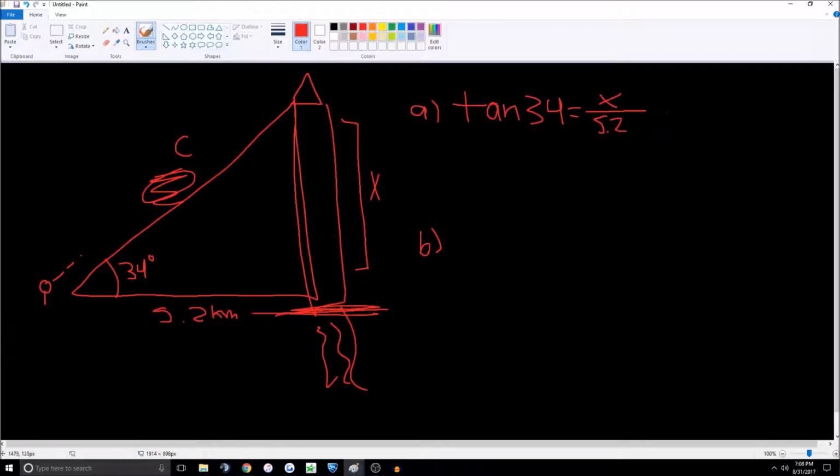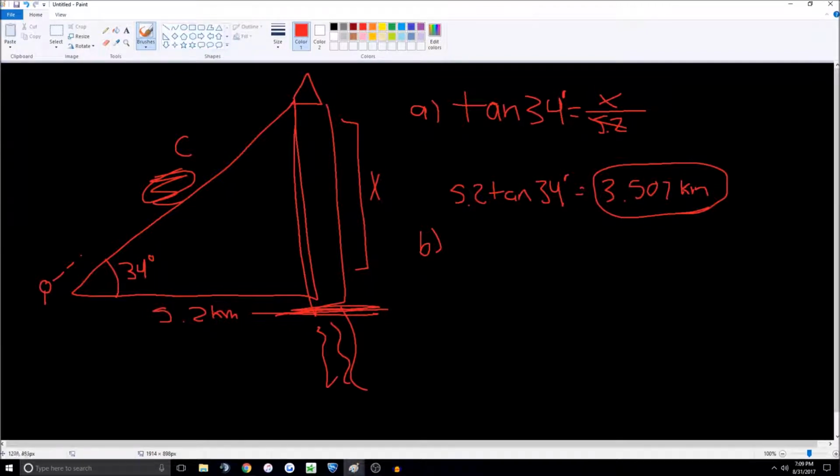We multiply each side by 5.2, so this cancels out, and it ends up being 5.2 tan 34 degrees. That'll end up being about 3.507 kilometers. So that's what this height will be right here, 3.507 kilometers.